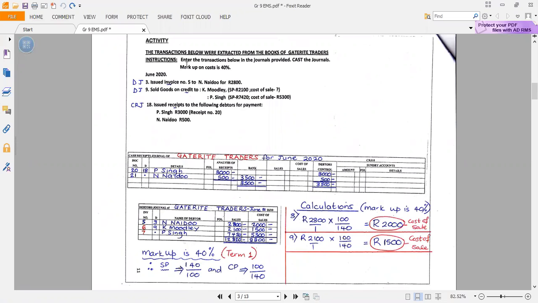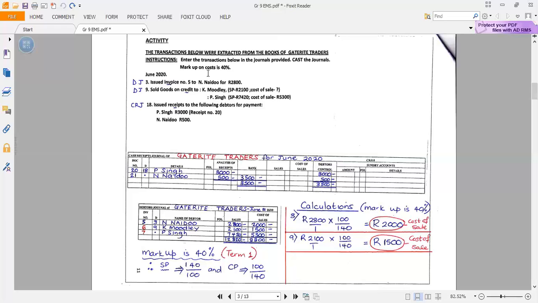The instruction reads, you enter the transaction below in the journals provided. Cast the journals. You must always remember the instruction is to cast, which means we need to add up after we complete the journals. Then the next instruction reads, markup on cost is 40% again.